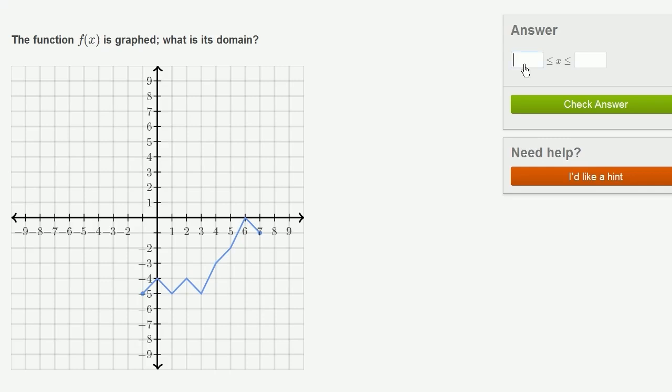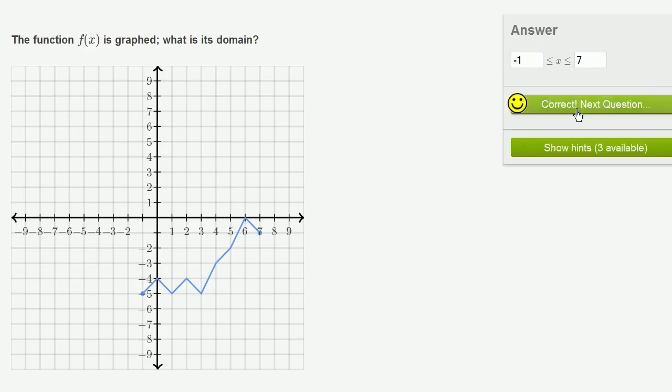So it's defined for -1 is less than or equal to x. And it's defined all the way up to x equals 7, including x equals 7. So this right over here, -1 is less than or equal to x is less than or equal to 7. The function is defined for any x that satisfies this double inequality right over here.